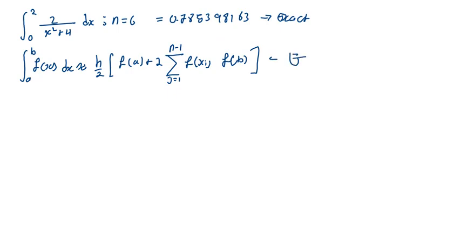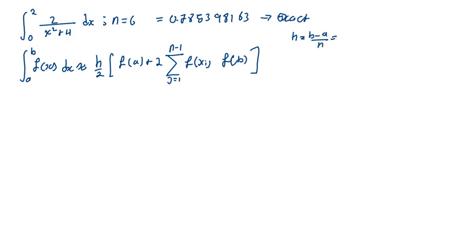One thing we observe is that we need to know what our n is, and our n is already given. Our n is 6 in this case, so we just have to find our h. The way you determine your h in the composite trapezoidal rule is that h equals b minus a divided by n.